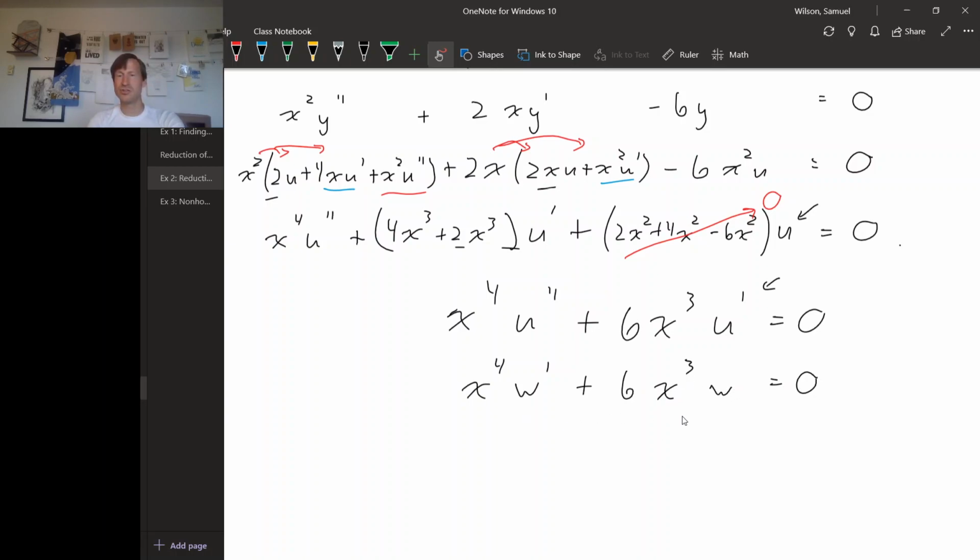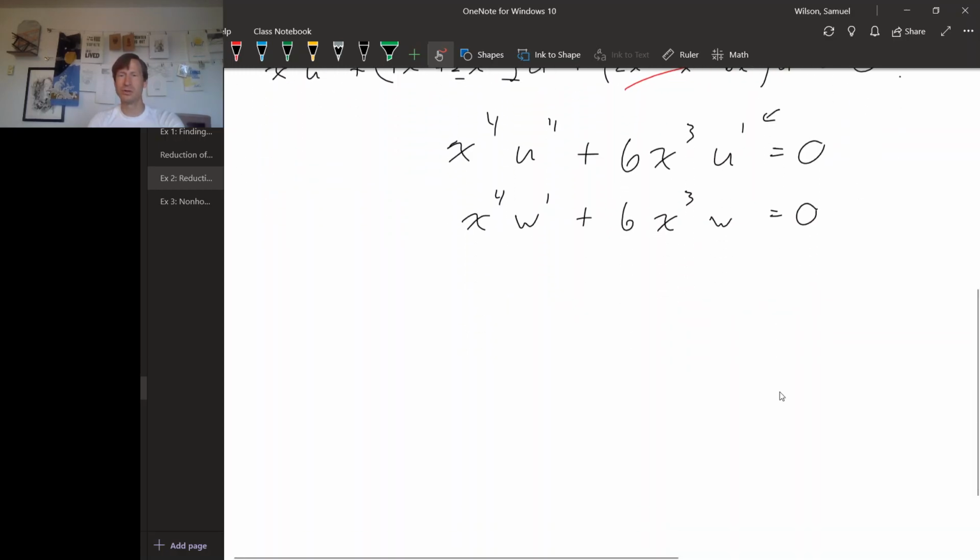Now we need to solve this equation for w. It's separable or linear, however you want to work it out. Let's move this to the right and then divide by x to the fourth. So w prime is minus 6w over x.